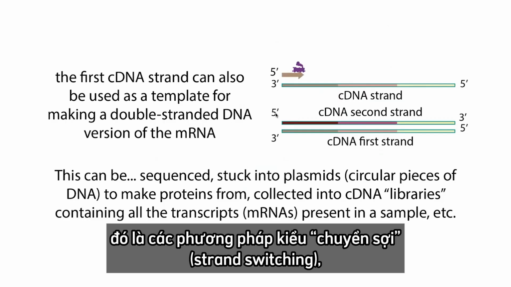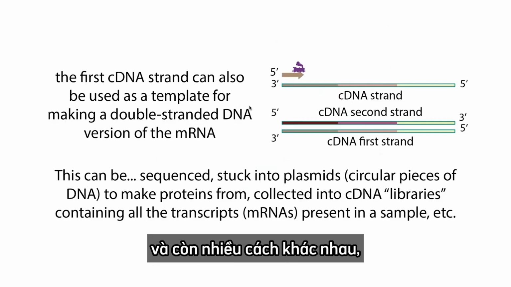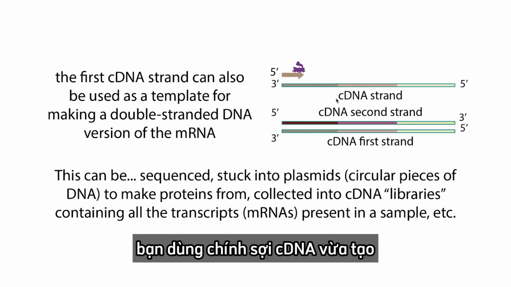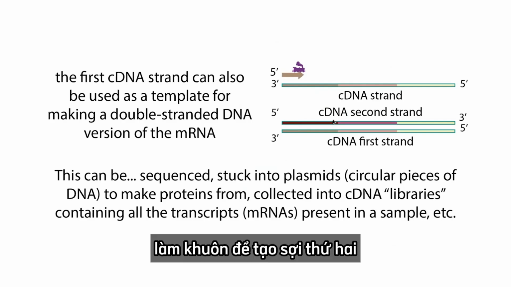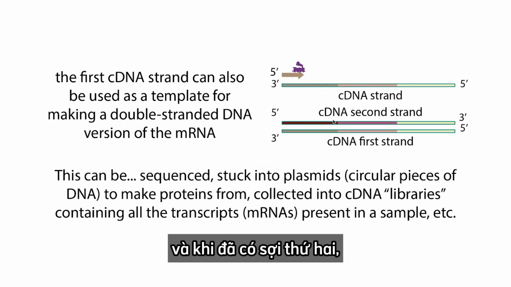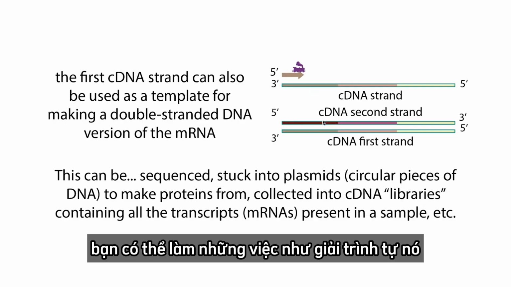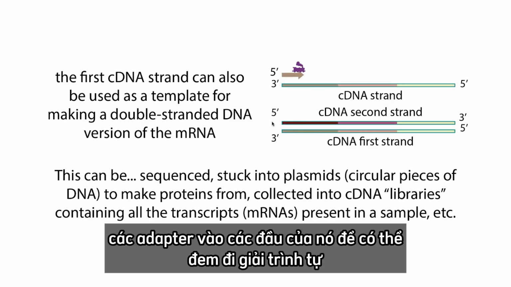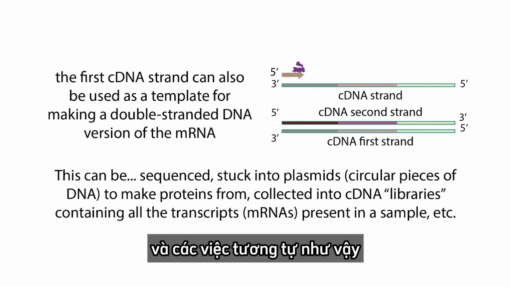There are other strand switching methods, and I'm not going to try to go into them all. But basically, somehow you're able to use that cDNA strand that you generated as a template for making the second strand. And once you have the second strand, now you can do things like sequence this. So like RNA sequencing, you can stick adapters on the end of it that are going to allow it to be sequenced. And so different things like this.